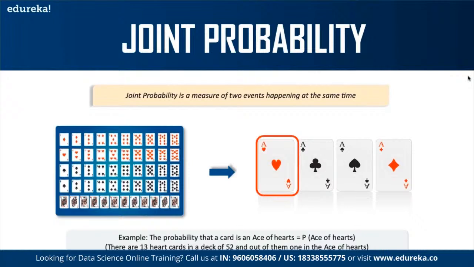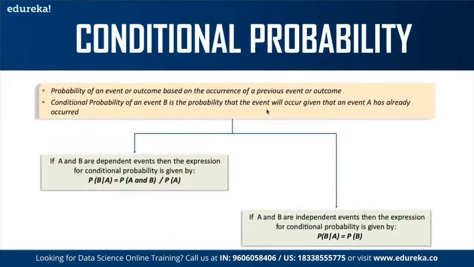And then we have conditional probability, where the probability of one event depends upon the occurrence of a previous event or outcome, right? For example, when we are rolling two dice and finding the possibility of getting 13 in total, the possibility of the other dice's number will depend upon the previous one.